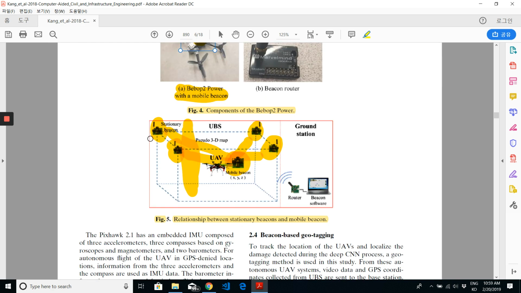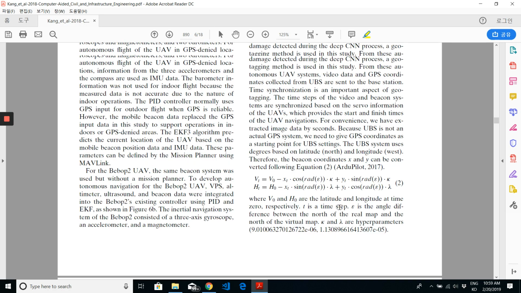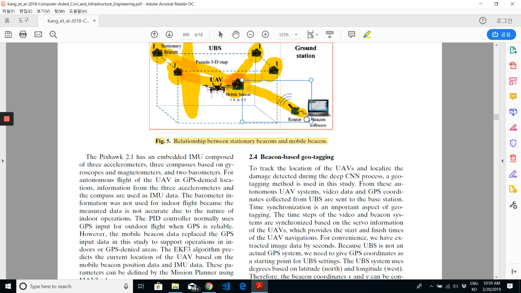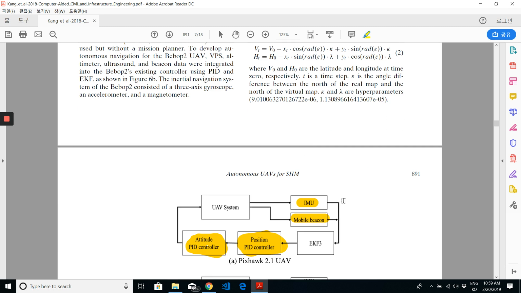The basic concept of the beacon system is that there are 4 stationary beacons, and these stationary beacons give the triangulated result of the mobile beacon. The signals are sent to your laptop using routers, and these routers calculate with your drone software and your beacon result, then fuse them together, and then you can do the PID controls yourself.